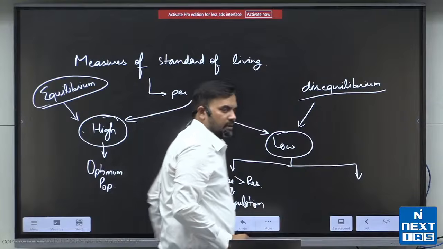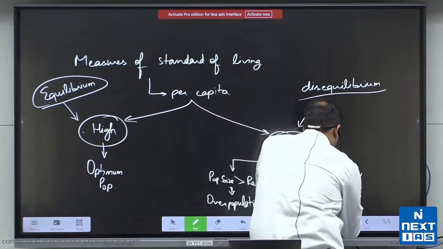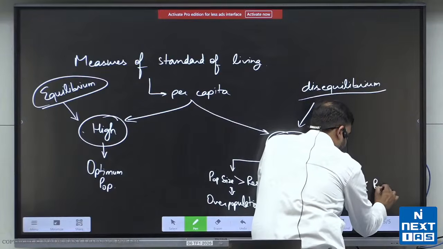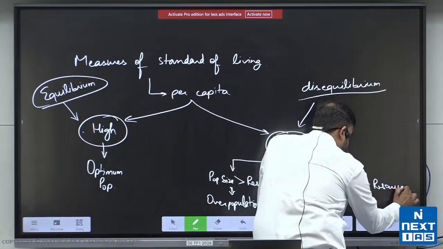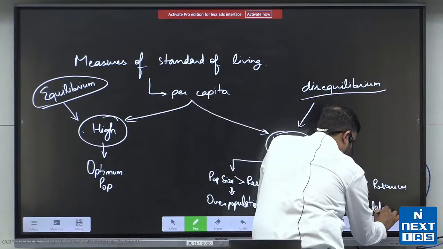On the other hand, there can be an opposite scenario where population size is less than the resources available. We call this situation underpopulation.